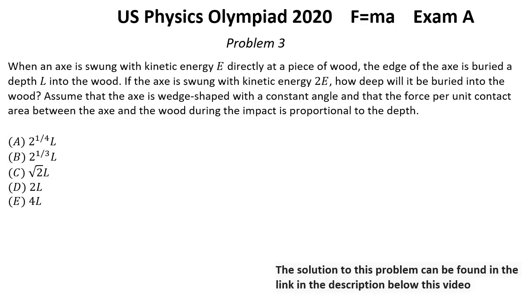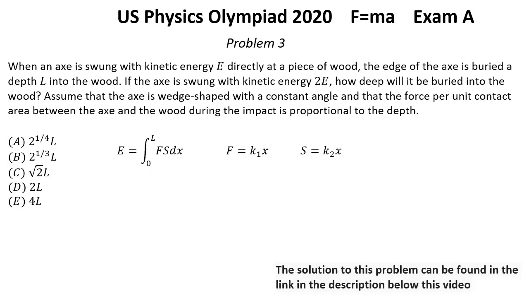We can write the expression for total energy, which is the integral from 0 to L of force per unit area multiplied by area, dx. Here we know that this force per unit area is proportional to depth, and the cross-section is proportional to depth. So F equals K1x and S equals K2x.